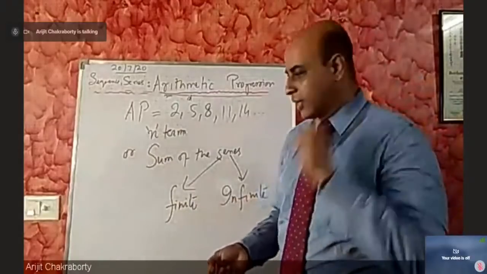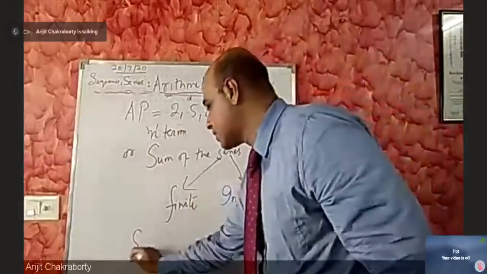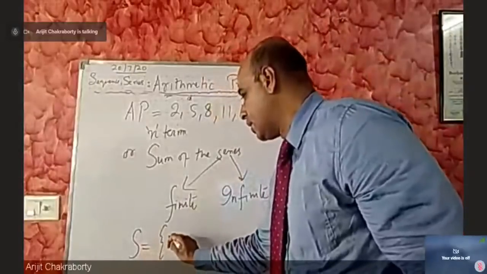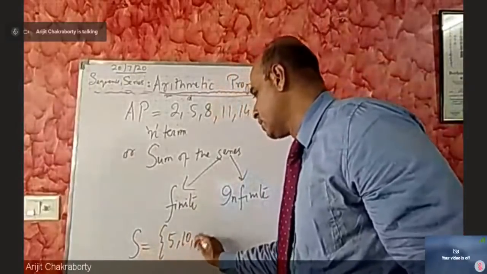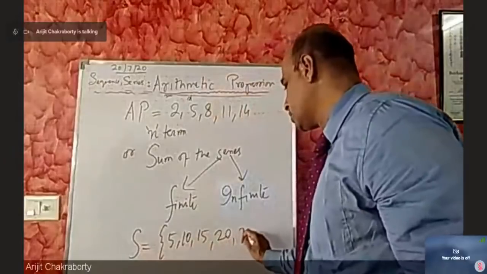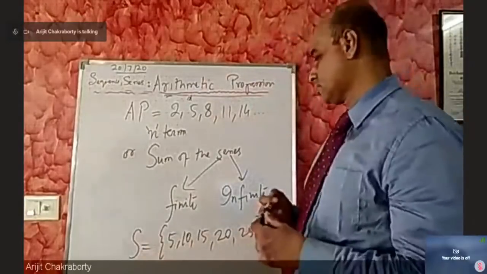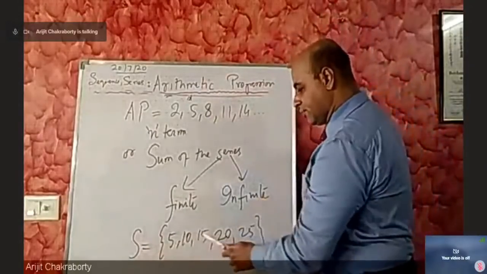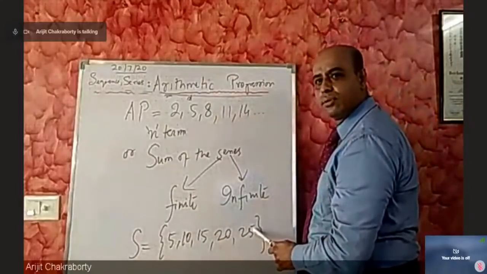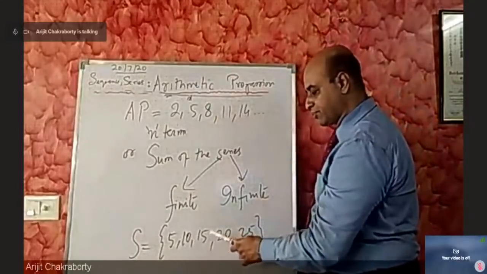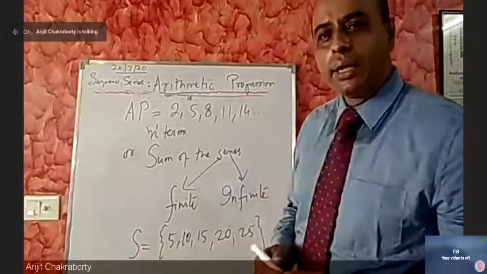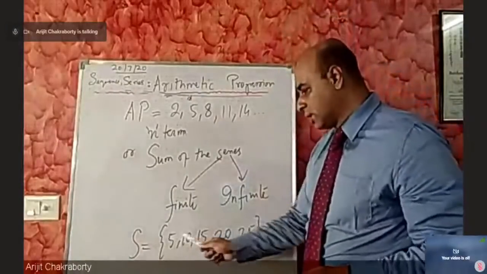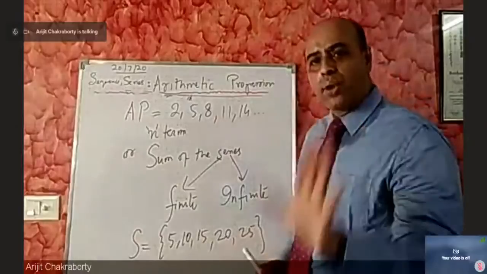Right? Say for example a series like this. S is equal to 5, 10, 15, 20, 25. Well, there are how many terms? 1, 2, 3, 4, 5. 5 terms.